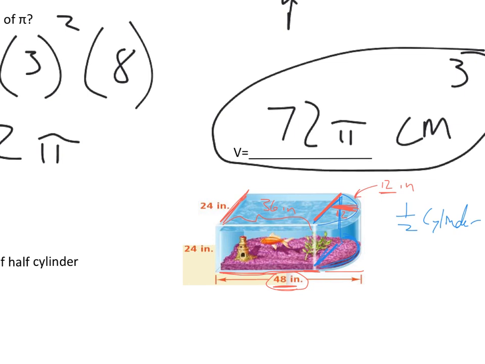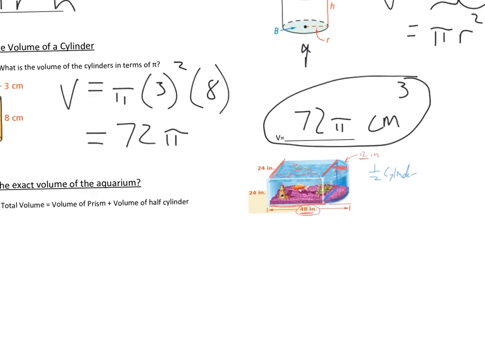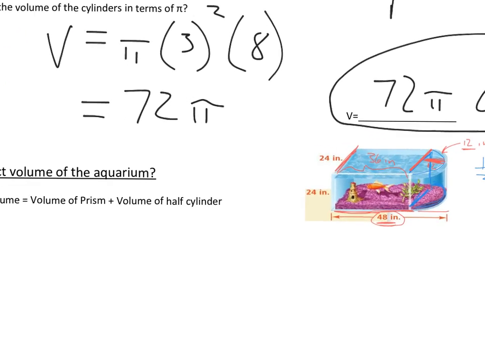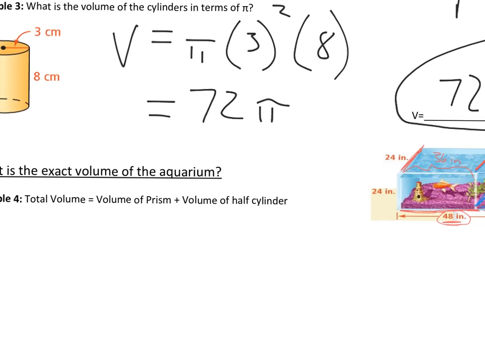Okay, so now we can put this in terms of our formula, and I'm going to show you a very nice way of writing this out so that everything is kind of clean and organized, because we've got a lot of bases, a lot of heights, a lot of things to look at. So the way that I write this out is I literally say here, the total volume equals the volume of the prism plus the volume of half of the cylinder.